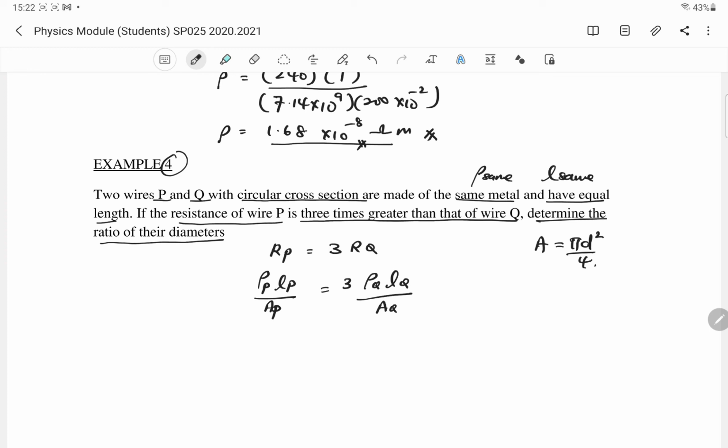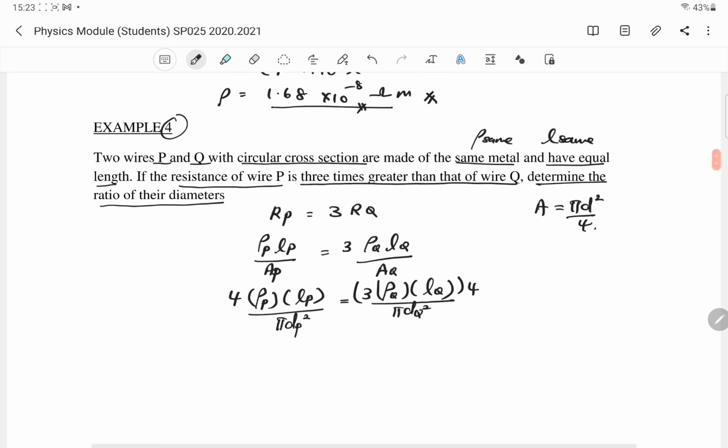So we have rho P, the same kan, rho P LP over pi dP squared over 4 equal to 3 rho Q LQ over pi dQ squared over 4. So kat sini darab 4 lah.